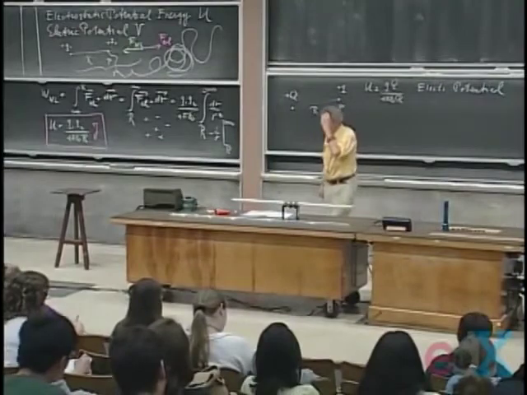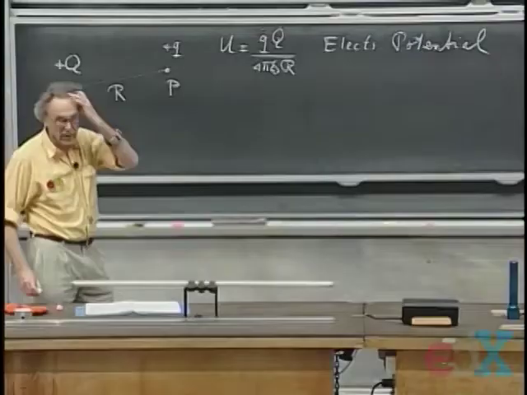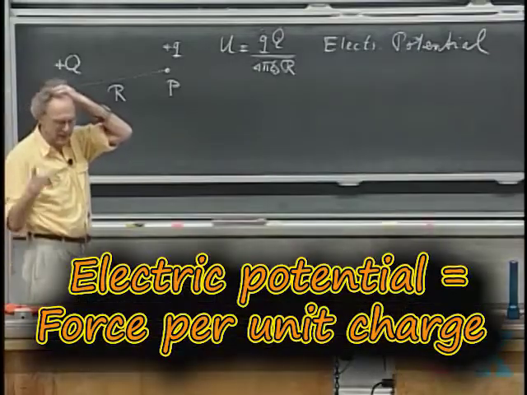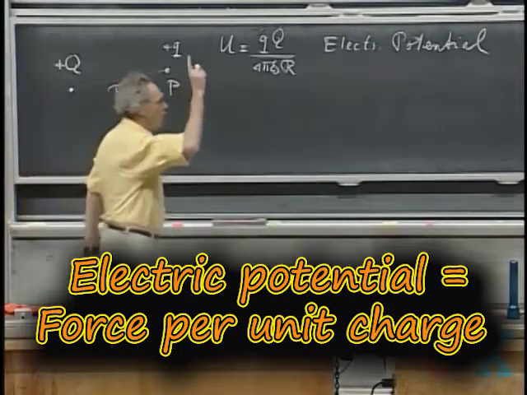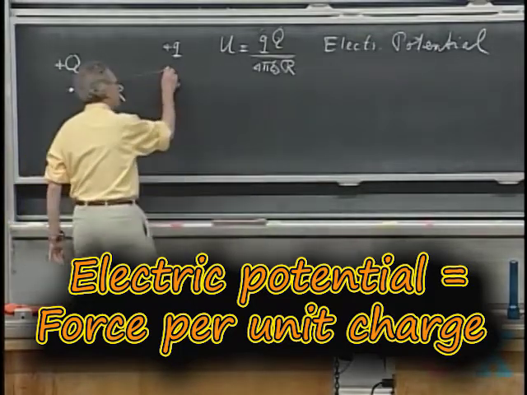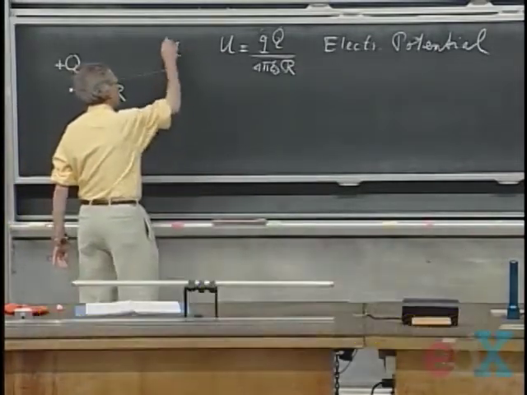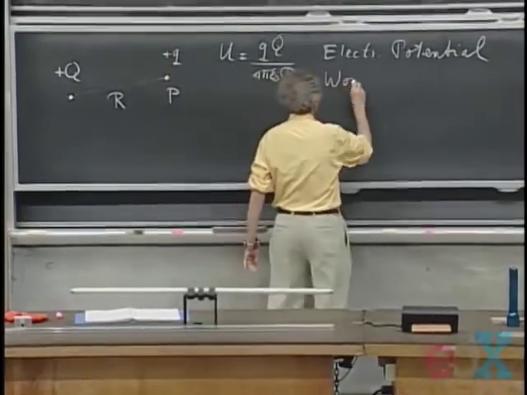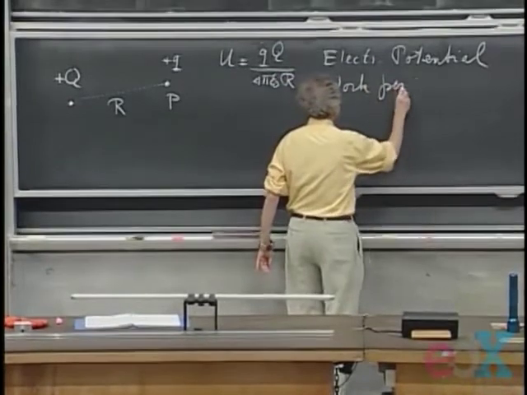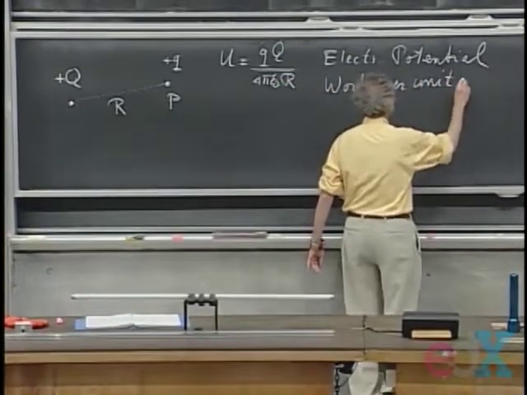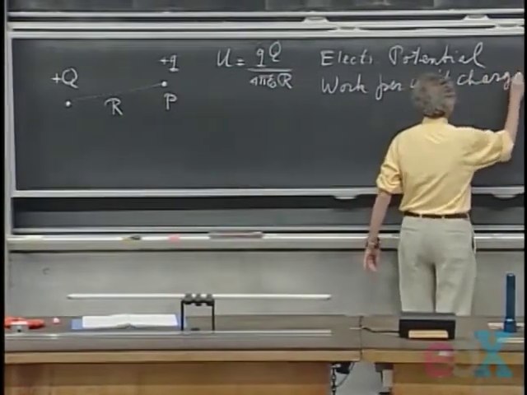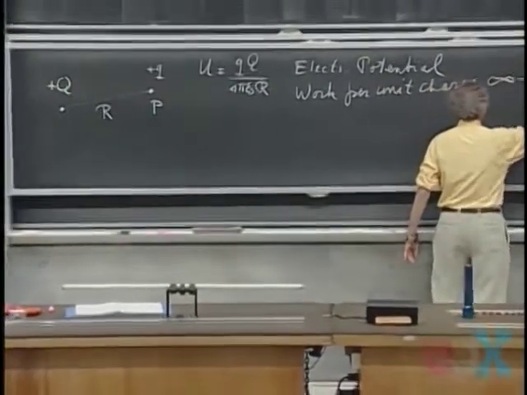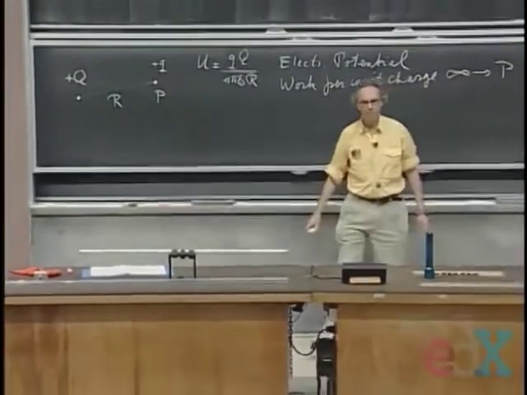And that is the work per unit charge that I have to do to go from infinity to that position. So Q doesn't enter into it anymore. It is the work per unit charge to go from infinity to that location P.